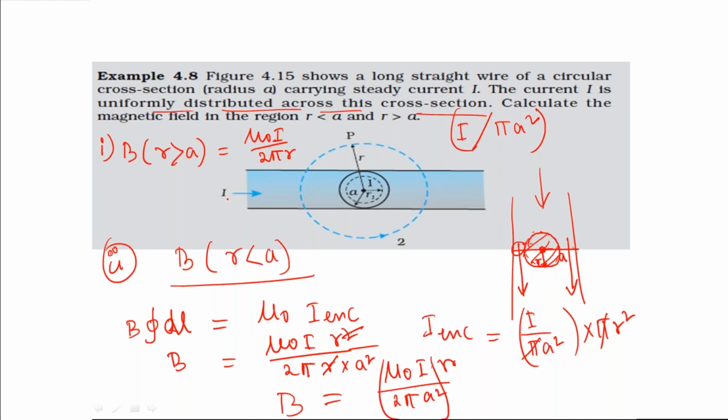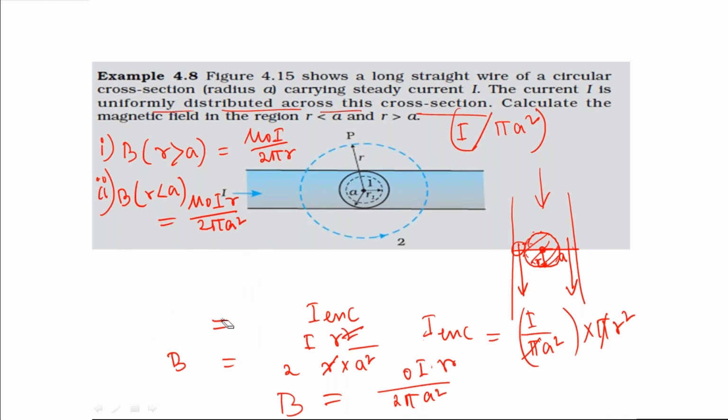So look here, now I write the result here. B is actually mu naught I into r divided by 2 pi a square. Okay. So this is what we have got now.